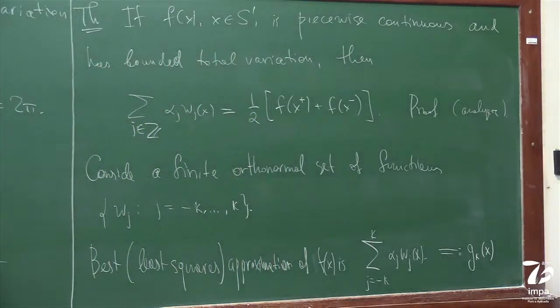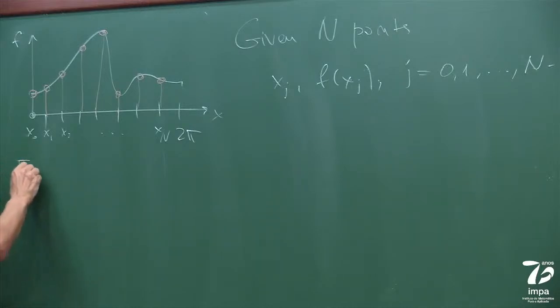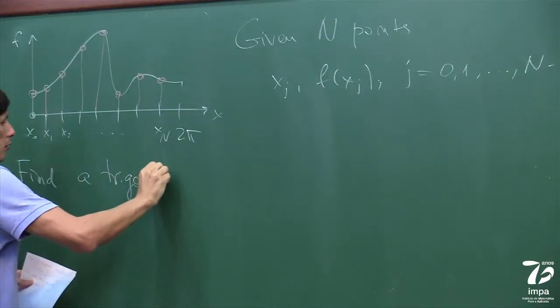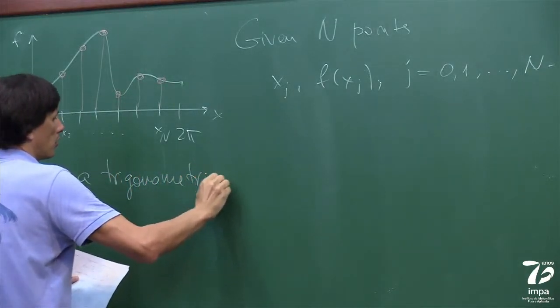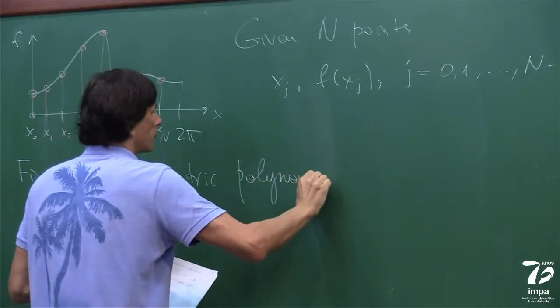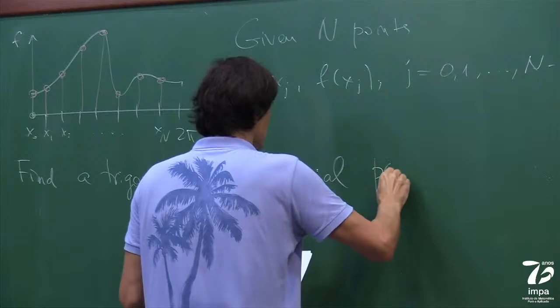So the goal is to find a trigonometric polynomial exactly the same as we had.